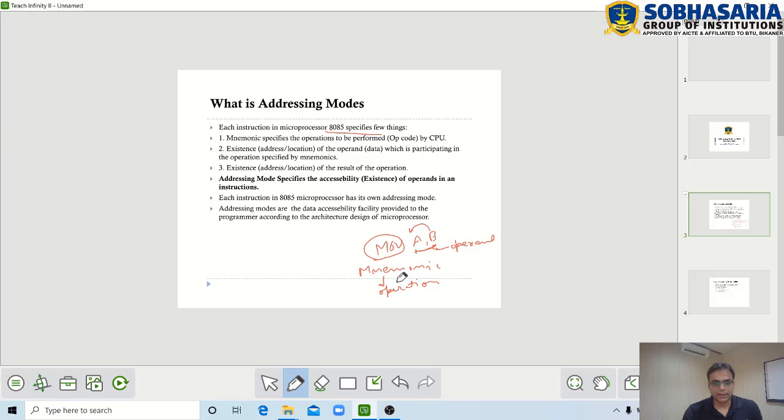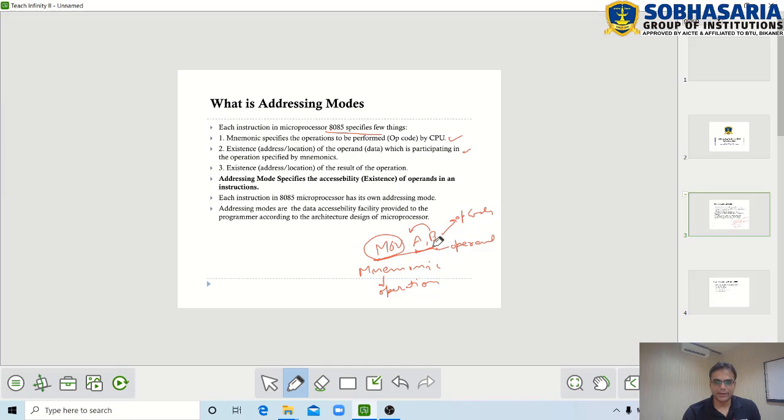The microprocessor has these instructions where every instruction has its own opcode, as we know, right? So this instruction has a mnemonic which performs the operation of moving data from one register to another register. This is what the instruction specifies. Next one, the existence or the location of the data or the operand which is participating in this operation.